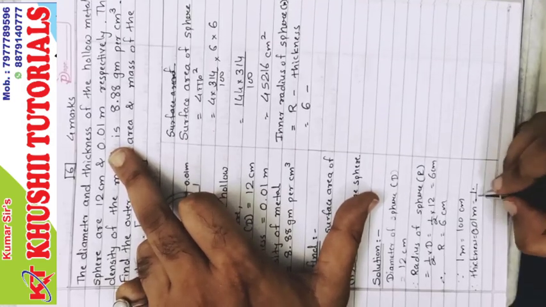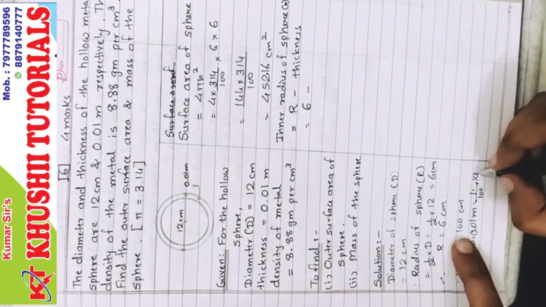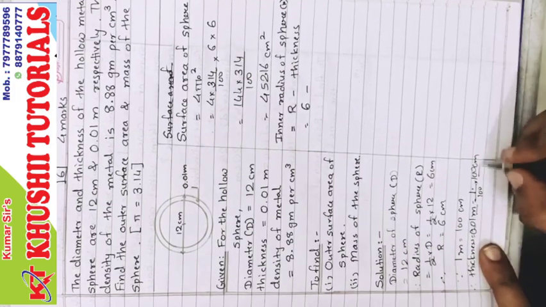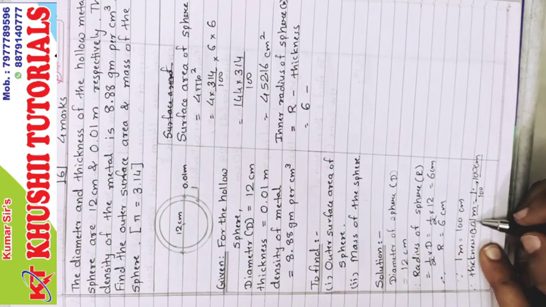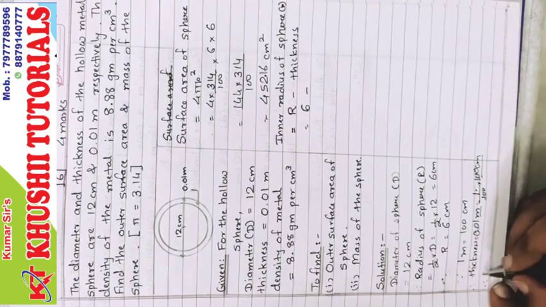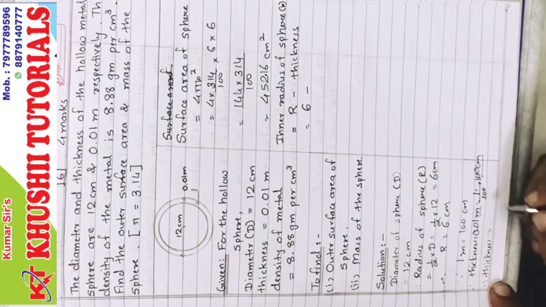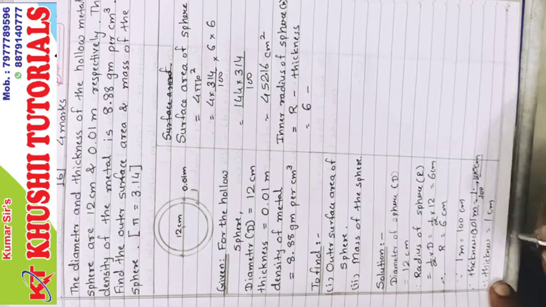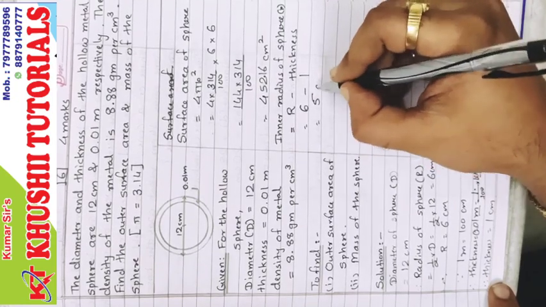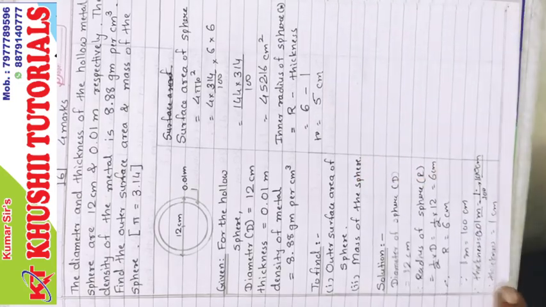So it is 1 upon 100, and instead of meter we will write 100 centimeter. 0.01 is 1 upon 100. 100 will get cancelled. Therefore thickness will be 1 centimeter. So 6 minus 1 is 5 centimeter. So inner radius, small radius, is 5 centimeter.